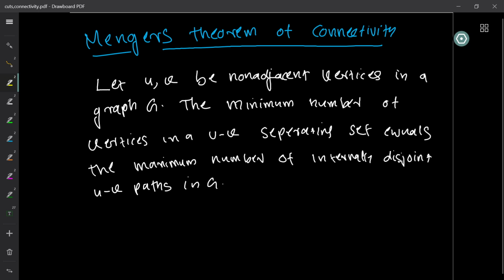In fact, in some books they define the connectivity as the minimum over all pairs of the local connectivity of that pair, and then show that Menger's theorem connects it to the cardinality of the vertex cut. So in either way you can prove it. They are kind of equivalent because of Menger's theorem that connects these two notions of connectivity.